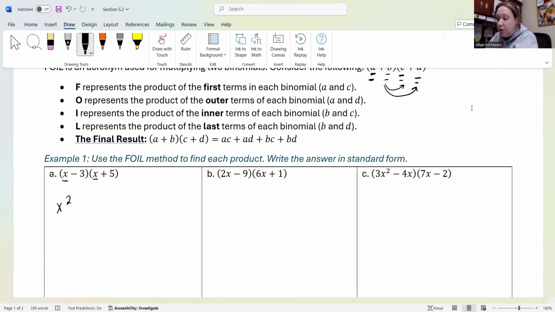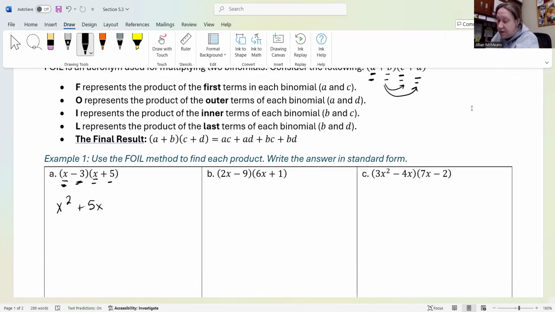Okay, now we're going to multiply the outer terms of each binomial, so that's going to be this x in the first binomial and the 5 in the second binomial. So x times positive 5 is just going to be 5x. We're done with the x as far as the distributing has been concerned, but now we're going to look at the inner terms. So the inner terms are the two terms in the center. So that's going to be the negative 3 and the x.